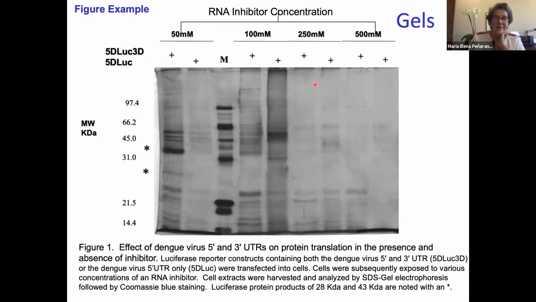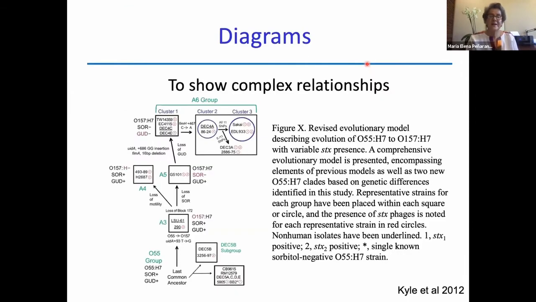So this will have the inhibitor and the doses that you added, and you can see how, oh, sorry, these are the markers. This is the production of the protein and how it was inhibited. So it's relevant to show and explain what you did, and then you can say what was inhibited and what was not.